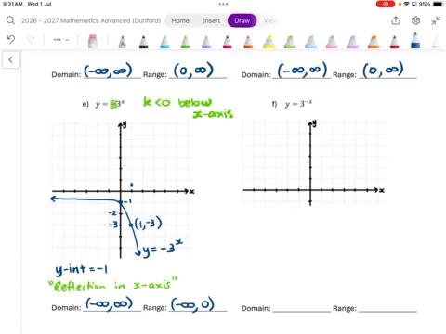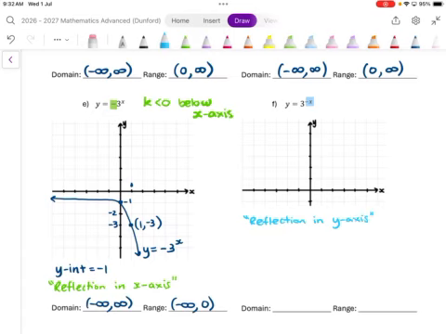Okay. Our last one here, what we have is y equals 3 to the power of negative x. So what that power of negative x does is that it is going to reflect our graph. It's a reflection in the y-axis.